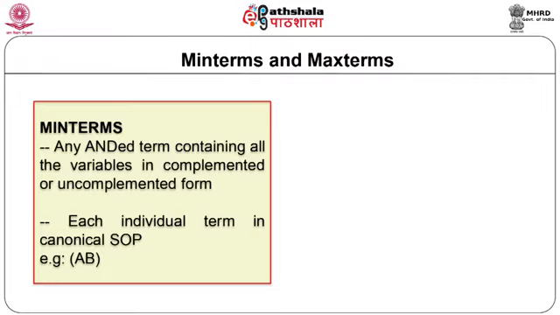In general, for n input variables, the number of min terms is equal to the total number of possible input combinations, which is 2 raised to n. Each min term is denoted by lowercase m with a subscript j, where j is the decimal equivalent of the min term's corresponding binary combination.